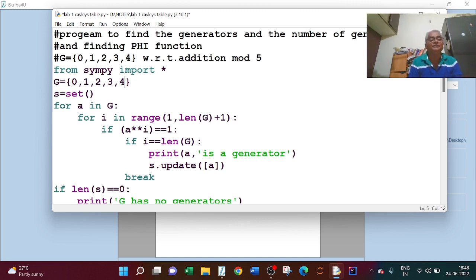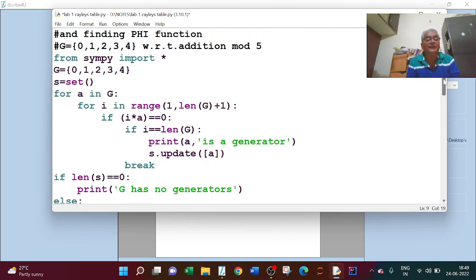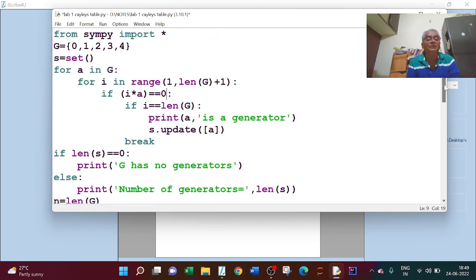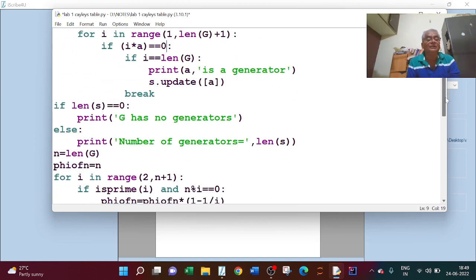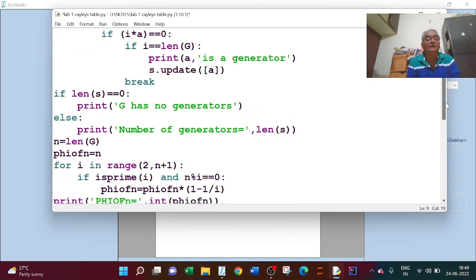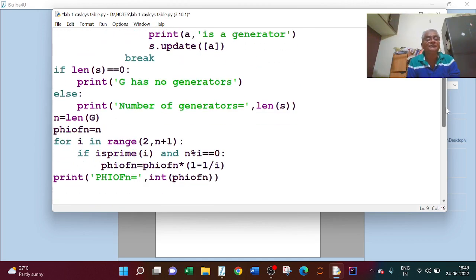So here I have to write this as I star A, and the identity element in this case is equal to 0. I have to change this identity element to 0. Next, I think everything will be same. I think the rest are same.